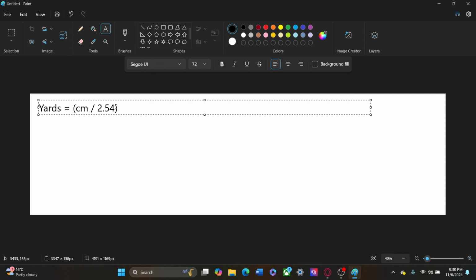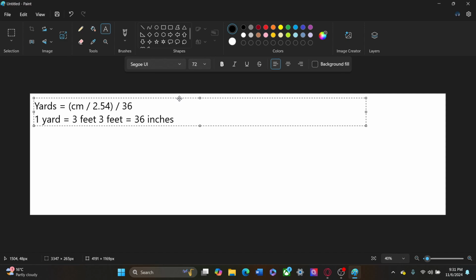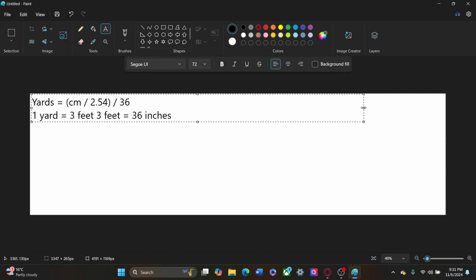Now, we know that 1 yard equals 3 feet, and 3 feet equal 36 inches. So, what do we do now? Simple. Take this, divide by 36. That's it. Crazy, right? But it is what it is.